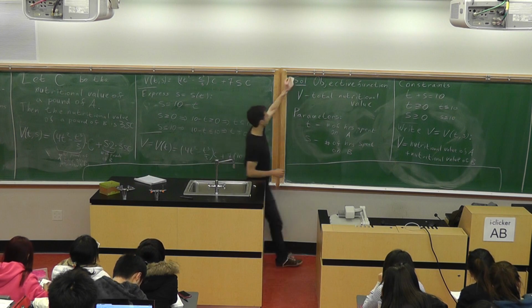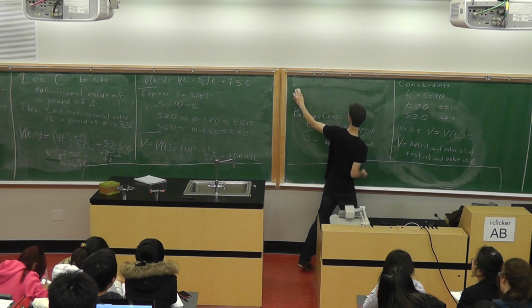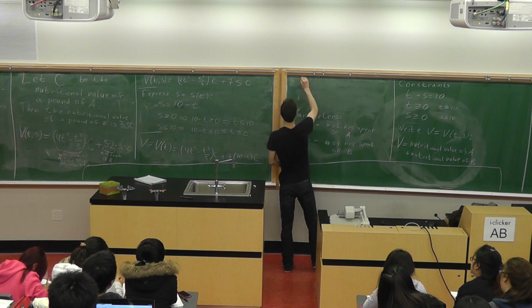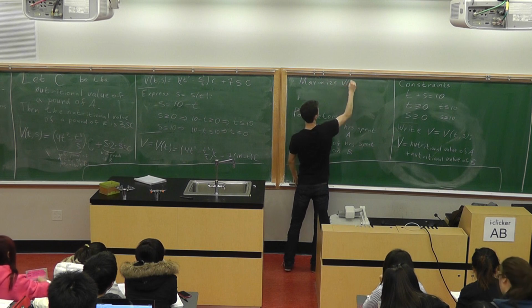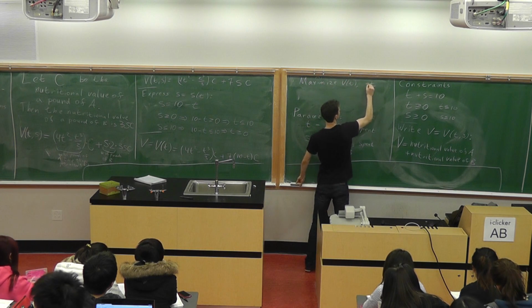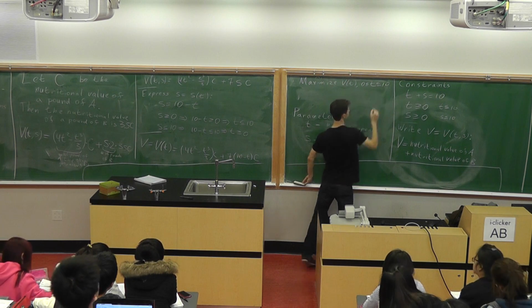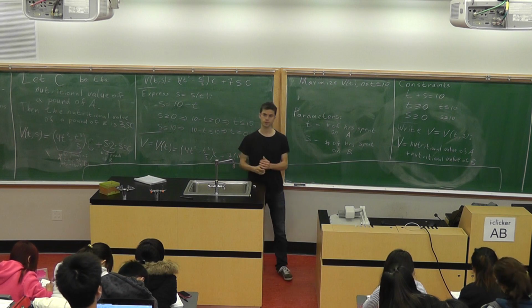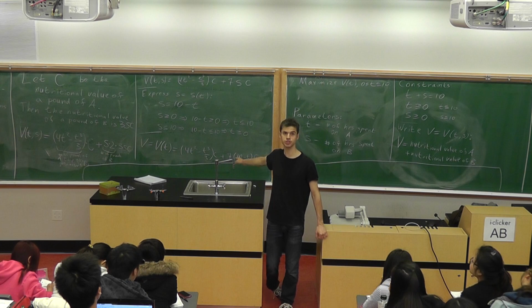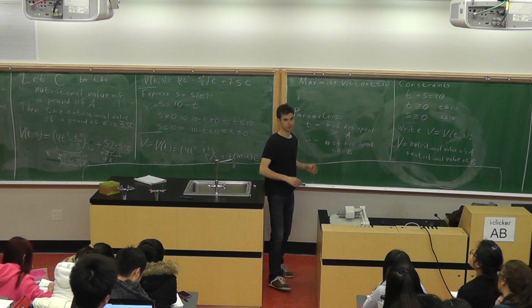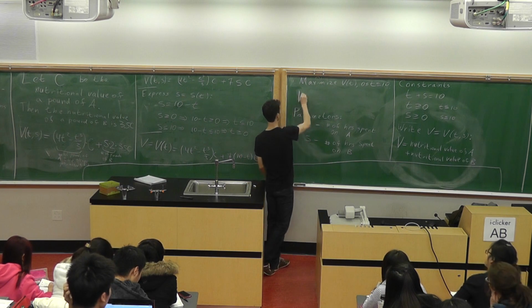And the question is, maximize B of t on the interval from 0 to 10. Now it's a really simple problem. Here's a function, find its maximum on an interval. So we find the derivative.